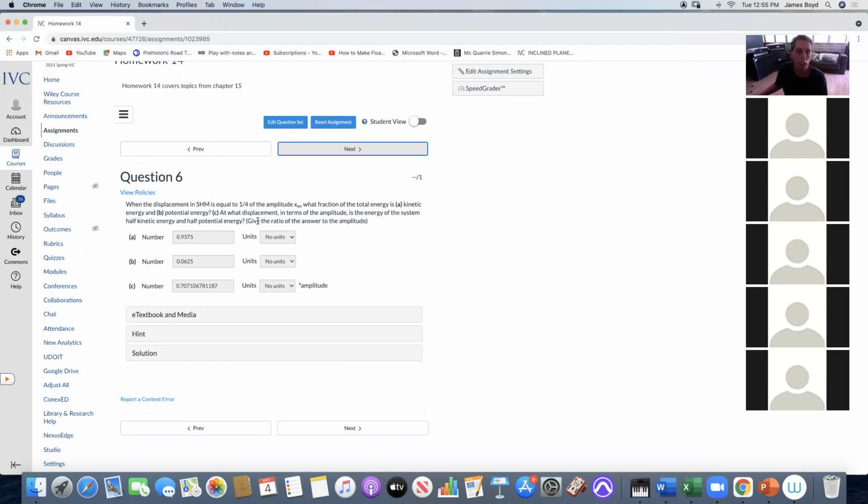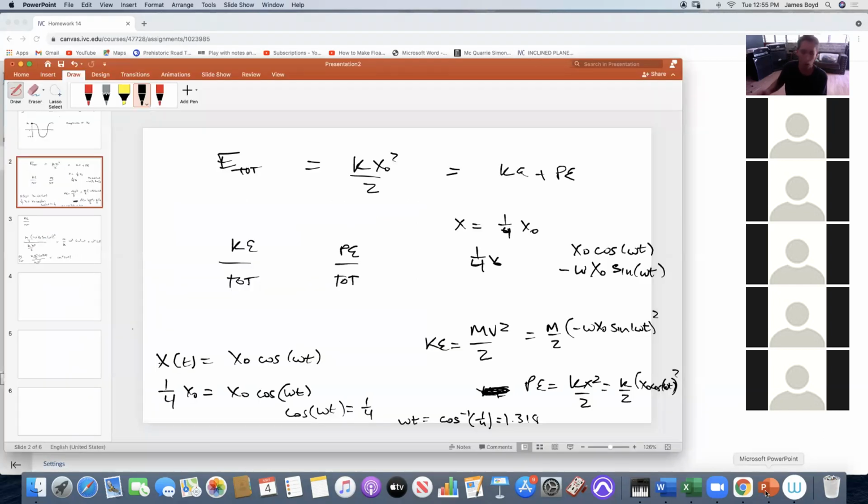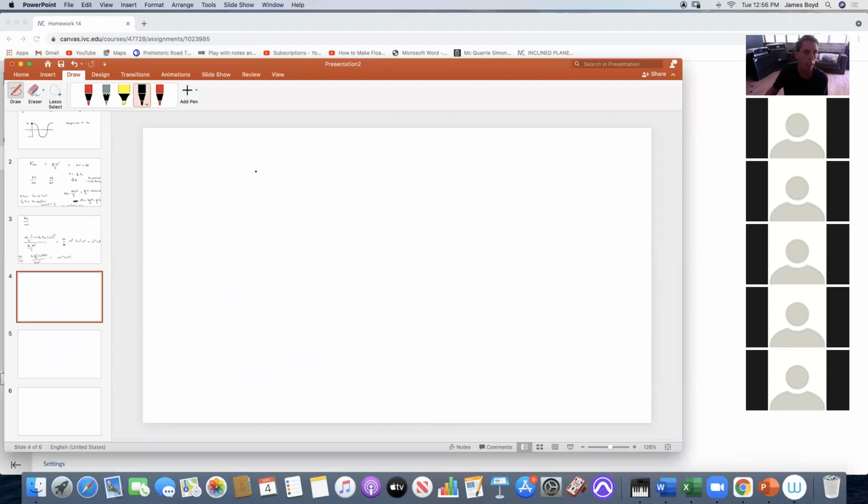Is the energy of the system half kinetic and half potential? So that means that you want to know what x is when the potential energy is equal to half the total energy. So the potential energy is k x naught squared cos squared omega t over 2.